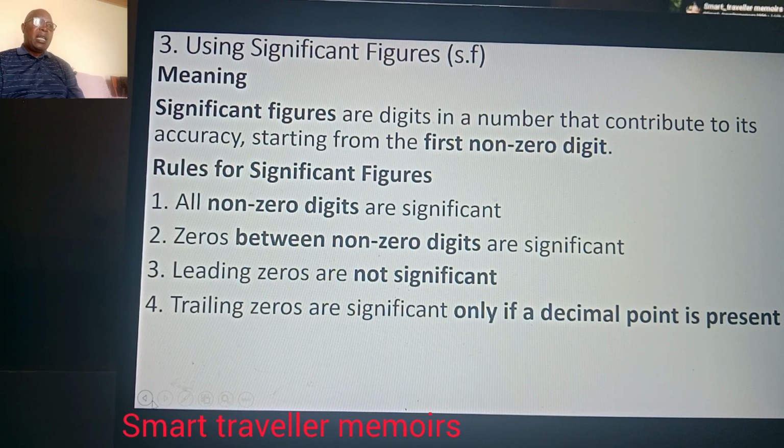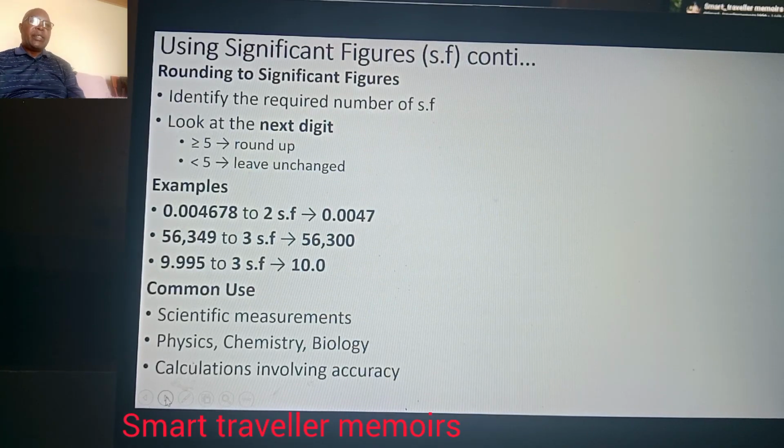Significant figures are digits in a number that contribute to its accuracy, starting from the first non-zero digit, meaning 0 is not significant unless it obeys the following rules for significant figures. 1, all non-zero digits are significant. 2, zeros between non-zero digits are significant. 3, leading zeros are not significant. 4, trailing zeros are significant only if a decimal point is present.